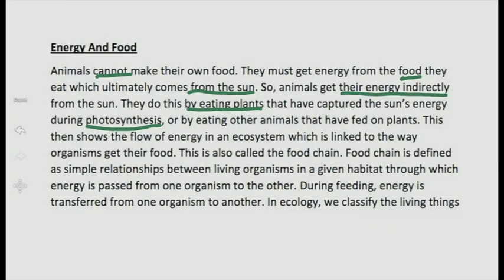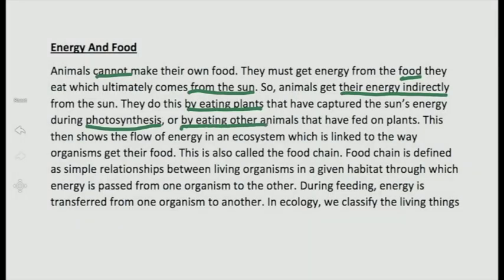You will recall that photosynthesis simply means plants make food by using carbon dioxide and water in the presence of the sunlight and chlorophyll. So we get the starch after the plant has manufactured it, and when we eat the plants, we are getting this energy indirectly from the plants.